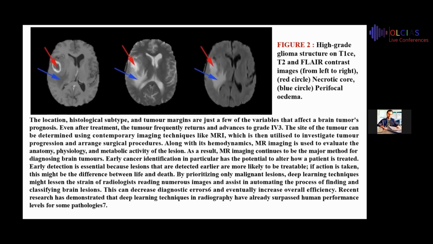By prioritizing only malignant lesions, deep learning techniques might lessen the strain on radiologists reading numerous images and assist in automating the process of finding and classifying brain lesions. These can decrease diagnostic errors and eventually increase overall efficiency. Recent research has demonstrated that deep learning techniques in radiography have already surpassed human performance level for some pathologies.